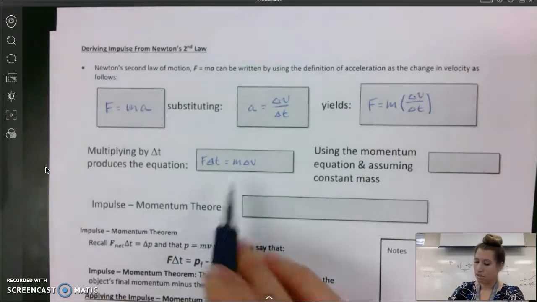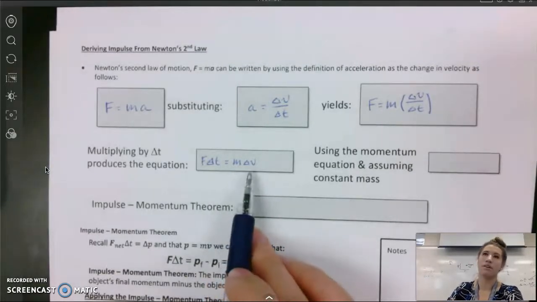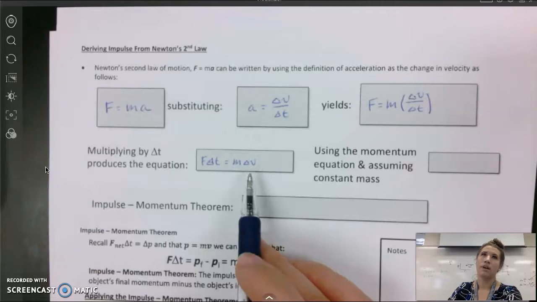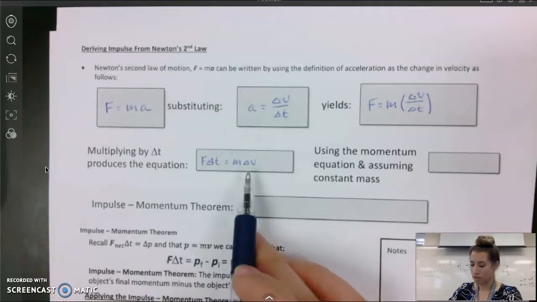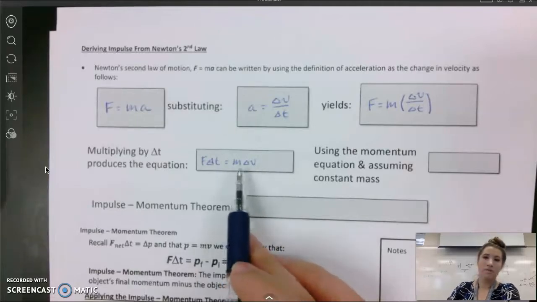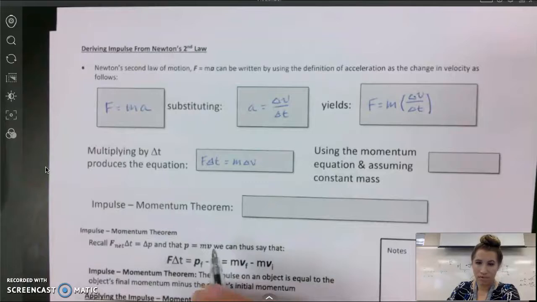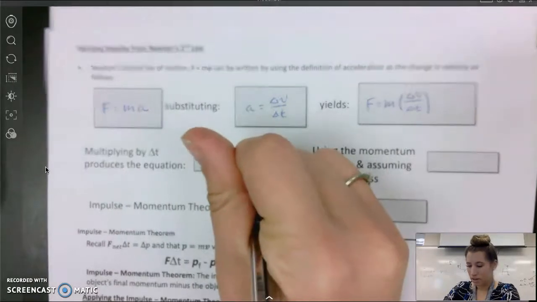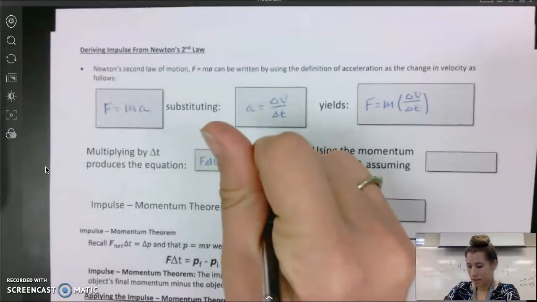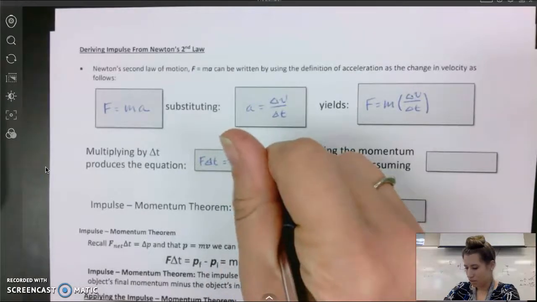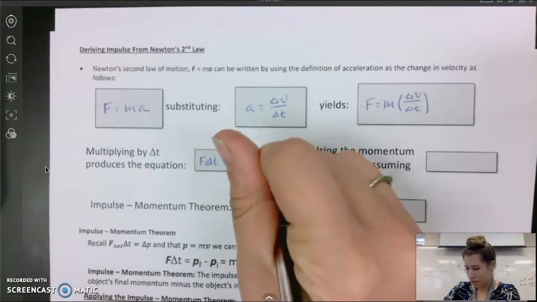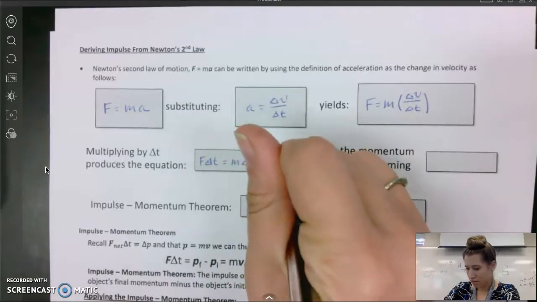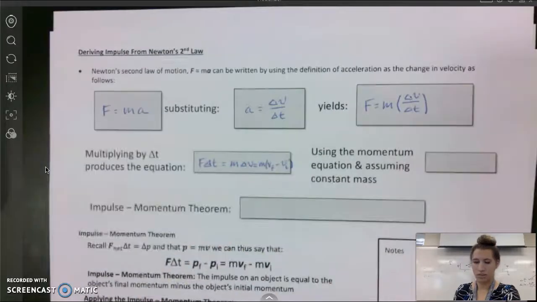Okay, mass, change in velocity. So first we have our change in velocity and mass of an object that's going to remain the same. And delta v just means velocity final minus velocity initial. So that would be mass multiplied by velocity final minus velocity initial.